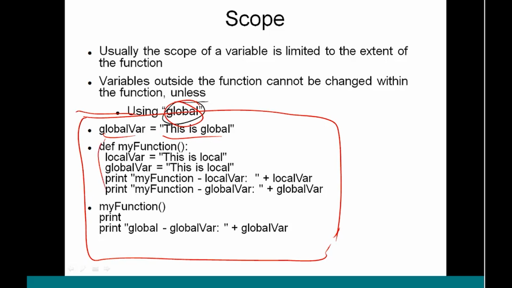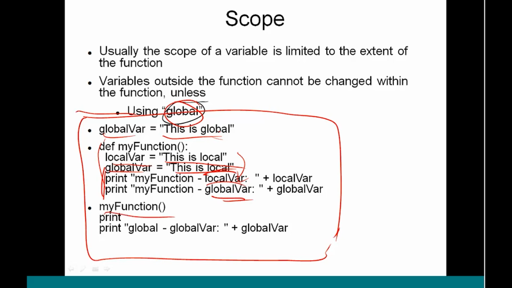Now I am defining my function where I define a local var, and we assign this is local to that local var, and then global var I am changing from this is global to this is local. So if I print within the function, the global var will be the same as this is local, and the local var is also the same.